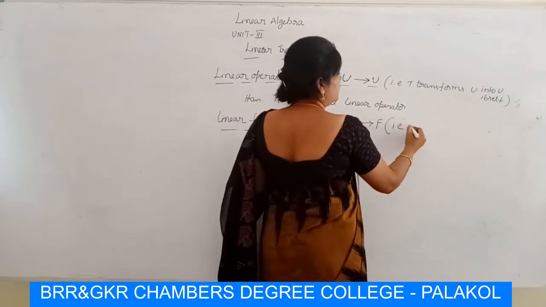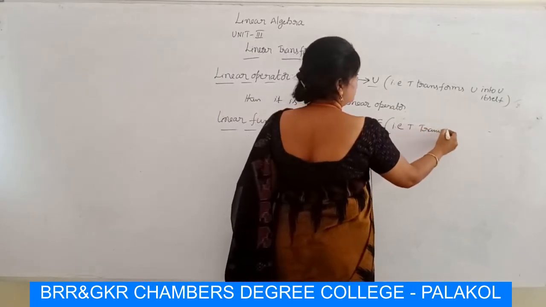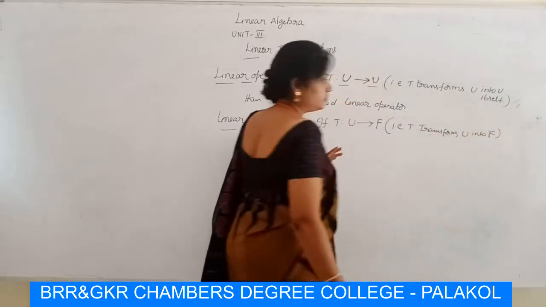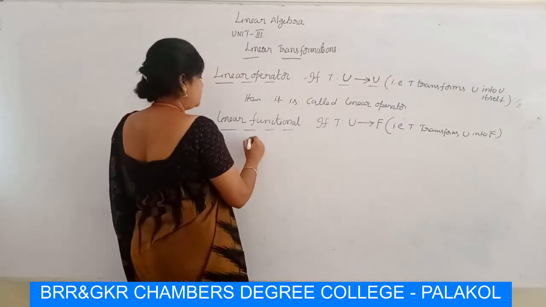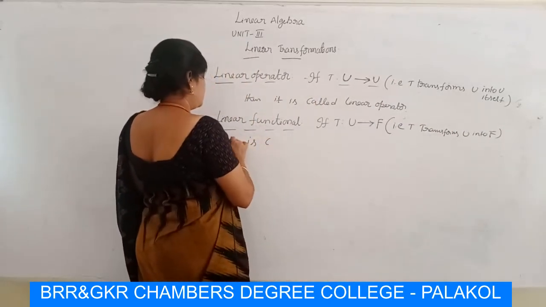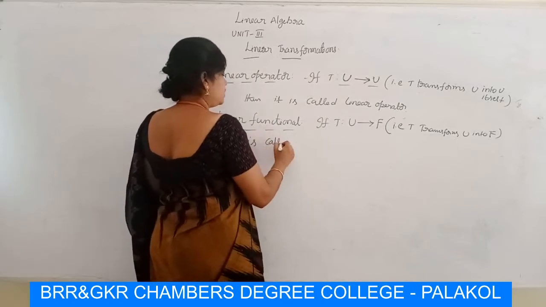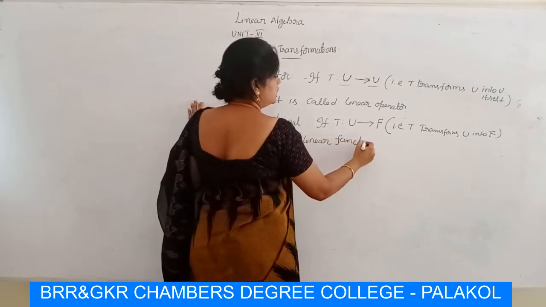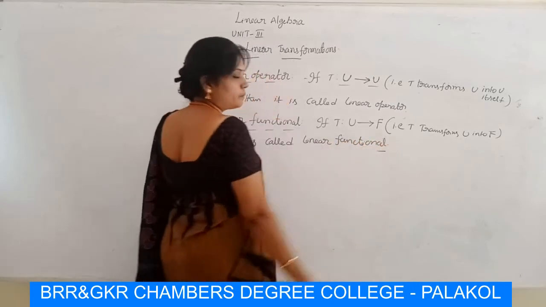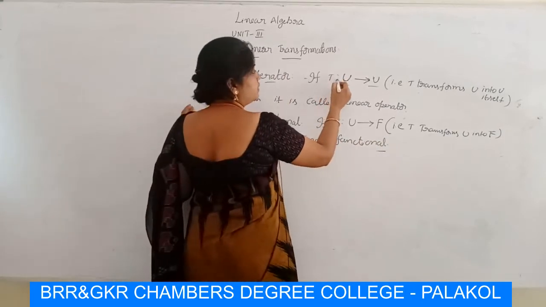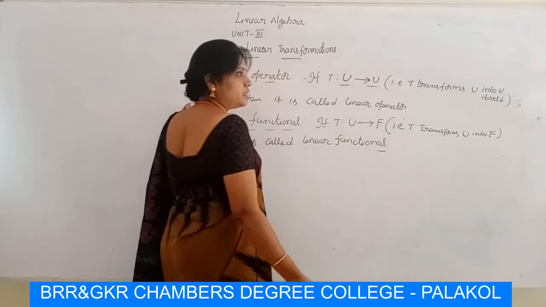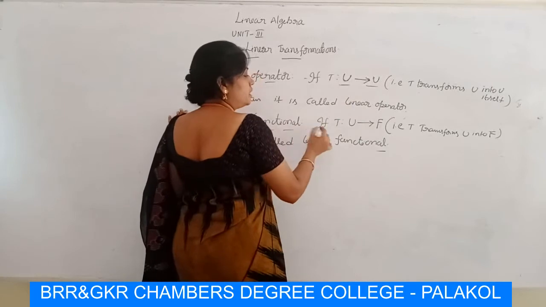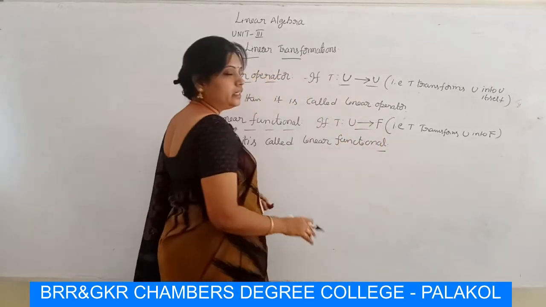That is, T transforms U into F. Then it is called a linear functional. So here T is a mapping defined by U to U. Domain and codomain are the same vector space, and then it is called a linear operator. And if T maps U to F, it is called a linear functional.